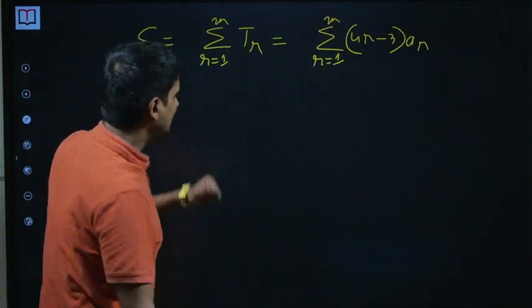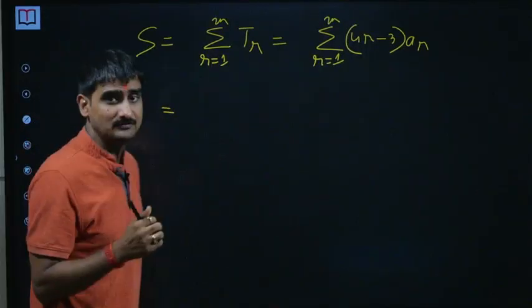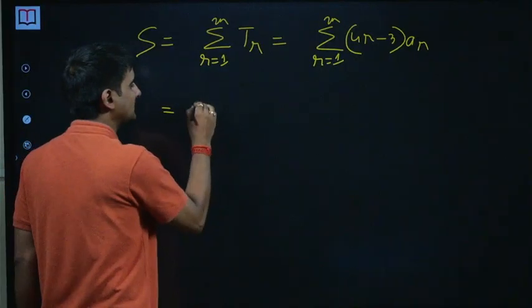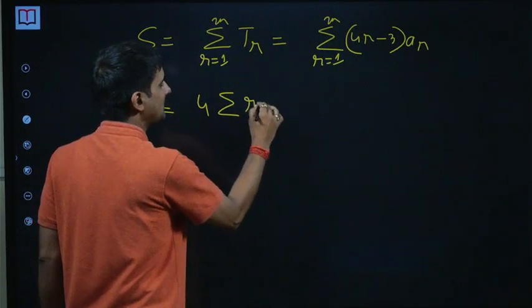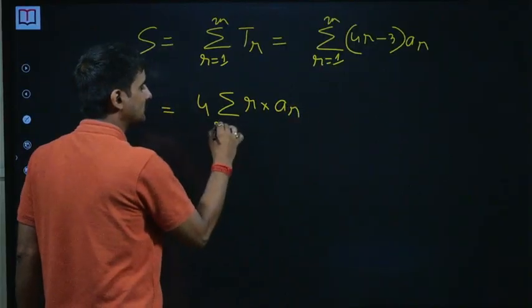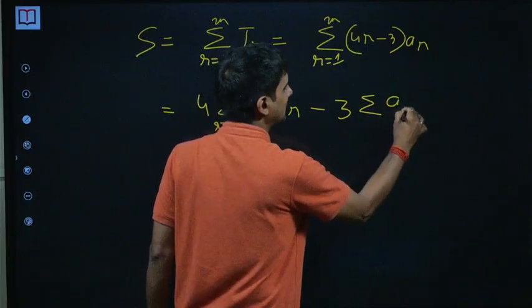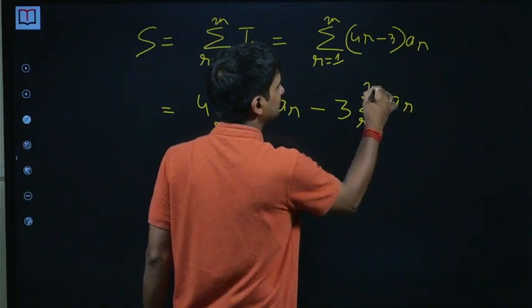Now I can use the properties of summation here. It tells us that we can write 4 times the summation of r a_r, r from 1 to 2n, minus 3 times the summation of a_r, r from 1 to 2n.